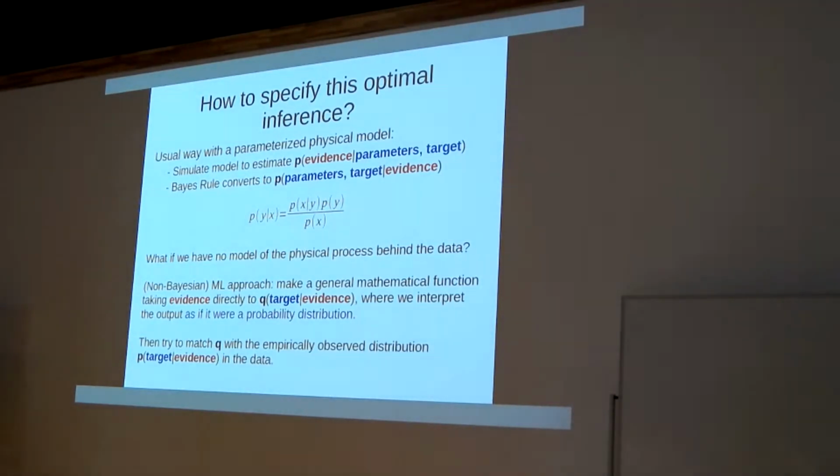In order to do that, I want something really general to model that Q of target given evidence, the distribution that I'm creating with the machine learning algorithm. So I want it to be able to represent any possible function. And then all I have to do is do some kind of gradient descent or optimization process until the two distributions agree. Well, not all I have to do, but at least that's the idea.